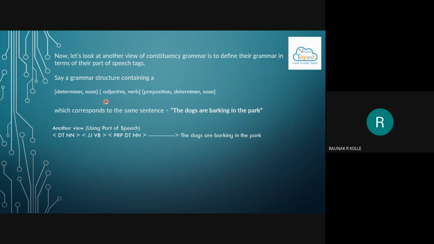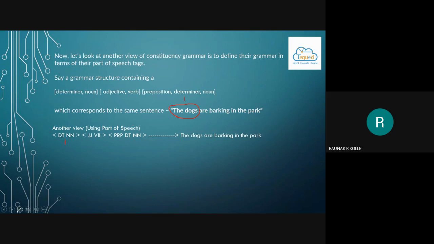Another view of this using the parts of speech would be the dogs, which is the determiner and the noun.